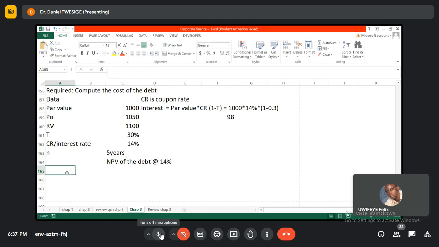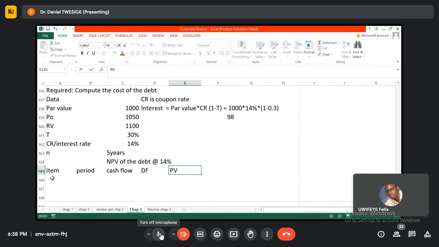So I have the item here. I have my cash flows here. I can take this one as the period. I have the cash flow, the discounting factor, then I have the present value.